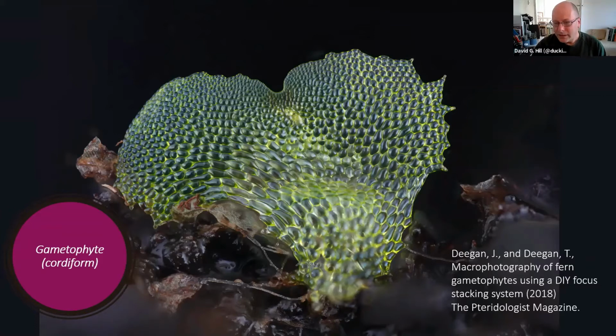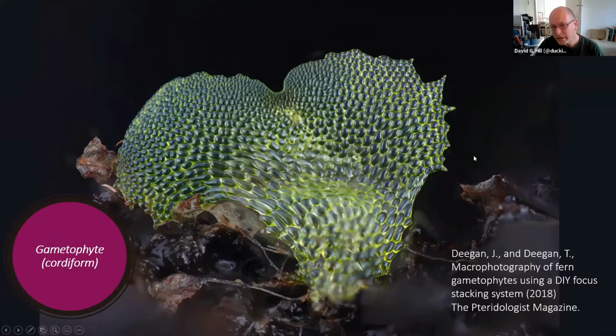And sorry, if I could go back, on the underside of the gametophyte, we have male structures, antheridia, and female structures, archegonia. And the male structures, which are usually at the back, the bottom here, you can see a few rhizoids, but under here there will be male reproductive structures.